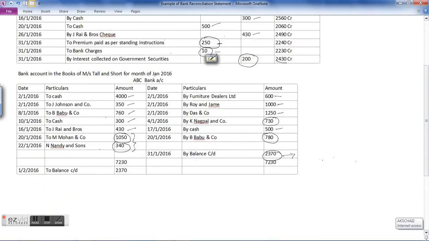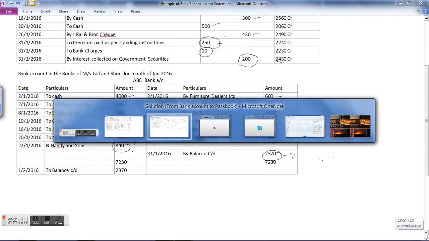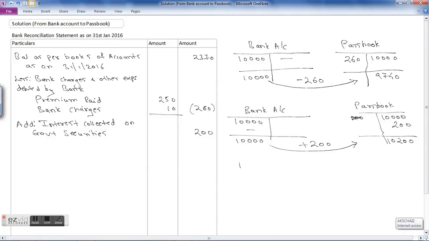Okay, so bank account, there are two debit entries of 1050 and 340 which are not there in our passbook. So bank account, passbook. 10,000.